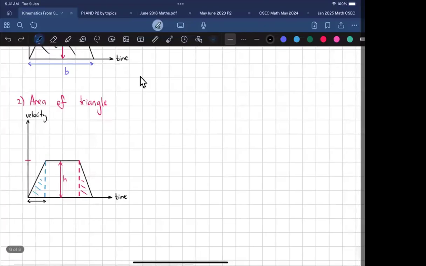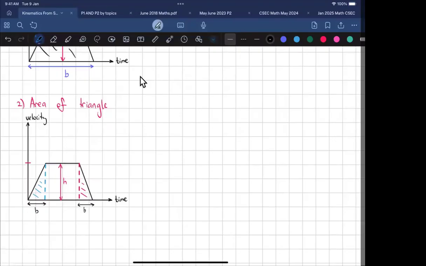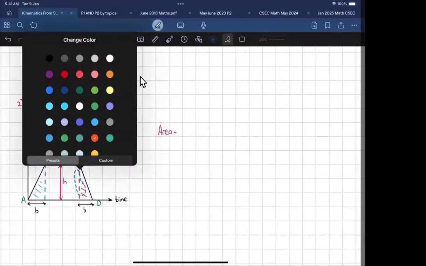Haley, what's the formula for the area of a triangle? It's half of something.